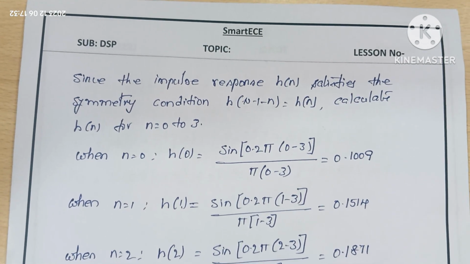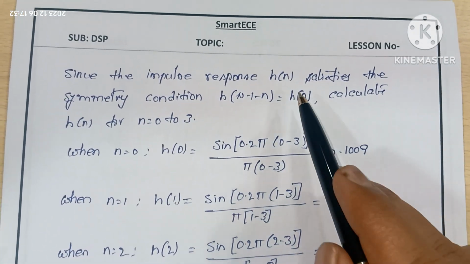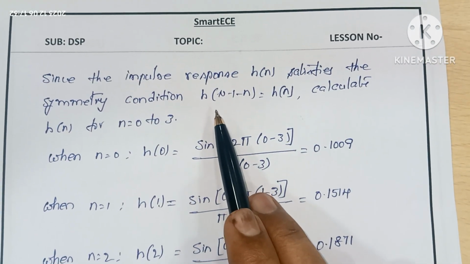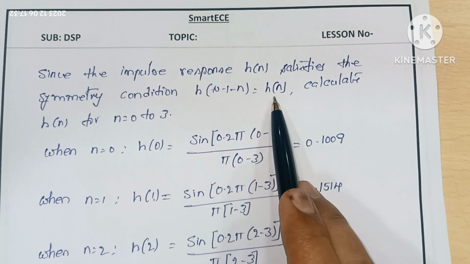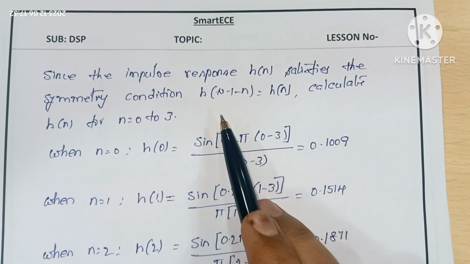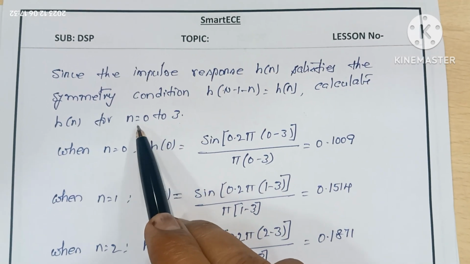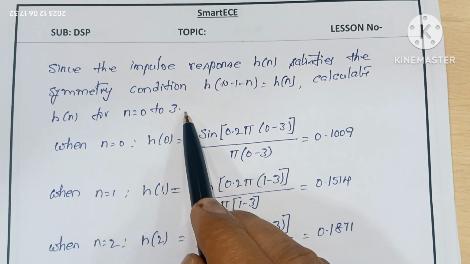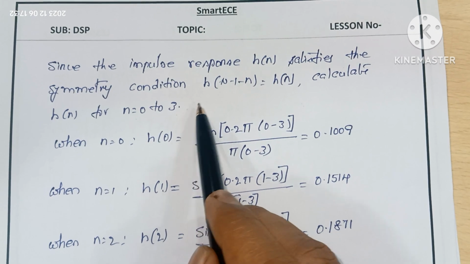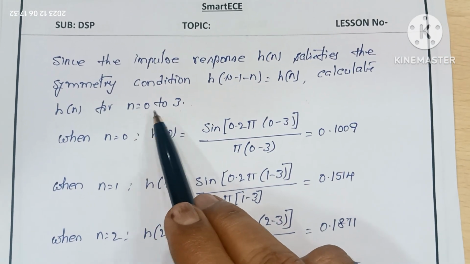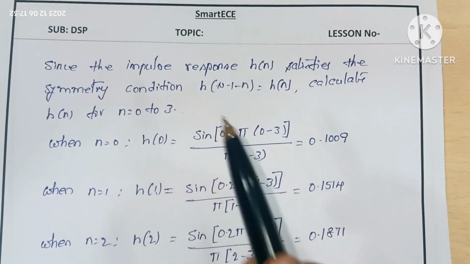Next, we know that the impulse response h of n satisfies the symmetry condition, that is h of N minus 1 minus n equal to h of n. So we have to calculate only n equal to 0 to 3. Actually, h of n has to be computed from 0 to 6, totally 7 samples. To use this symmetry condition, it is enough to calculate only from n equal to 0 to 3.